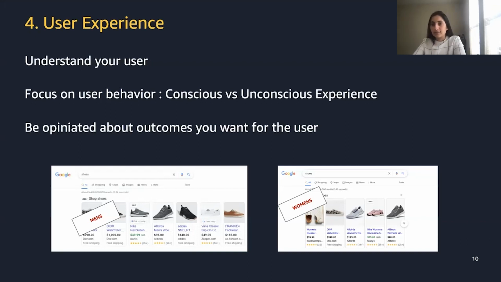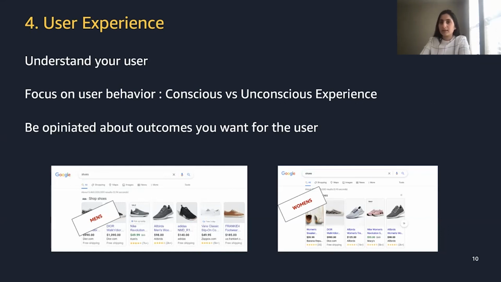The next thing here is to be really opinionated. There are actually a lot of correct answers to a single question. For example, if a customer searches for couch, should you show them the result for home decor ideas, or should you just show them different couch brands? This completely depends on the action you want the user to take.